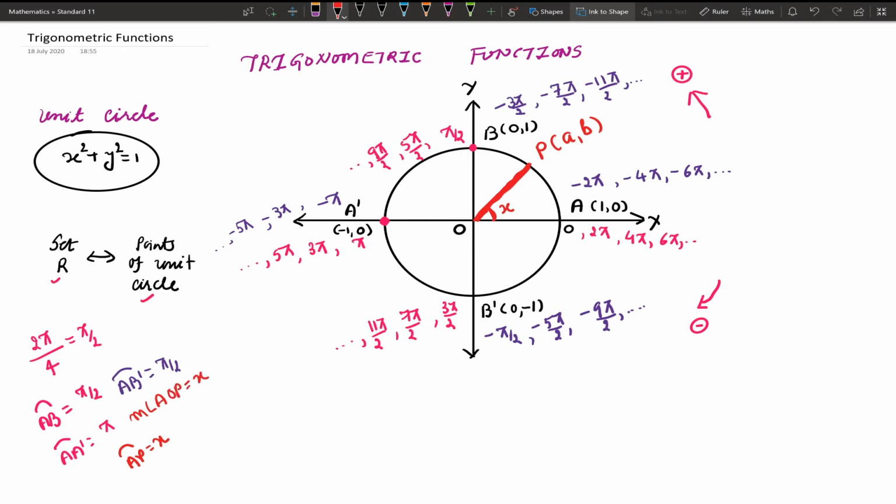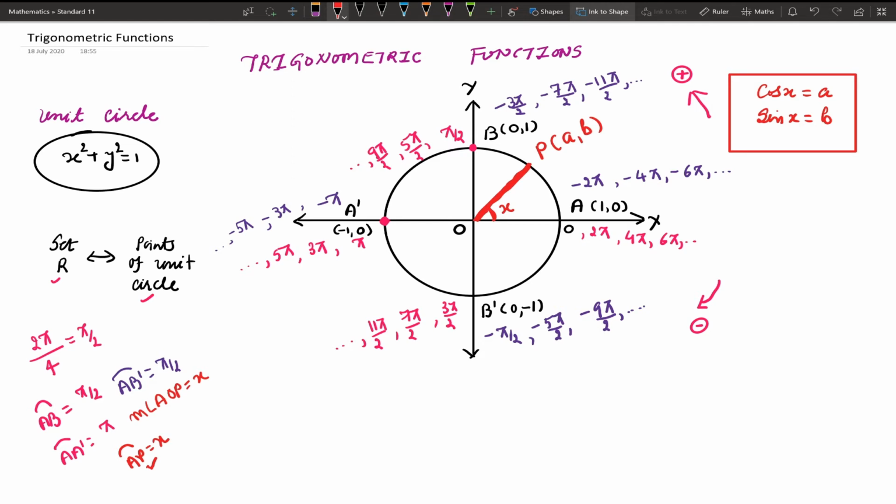In other words, the length of chord AP equals x in terms of radians. And if its coordinates are (a, b), then cos x equals a and sin x equals b. This is the definition of the trigonometric functions cos and sin.